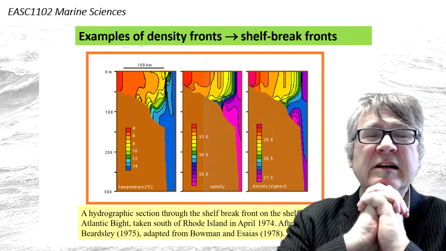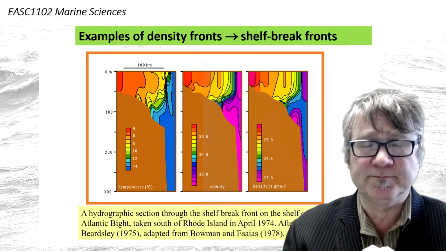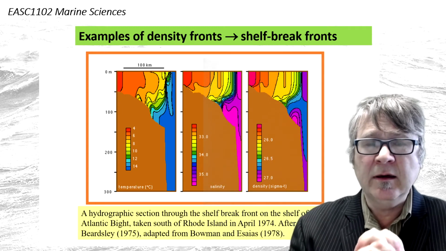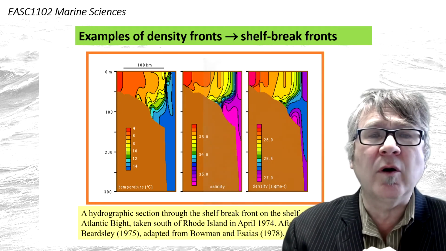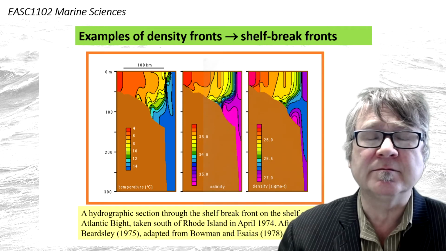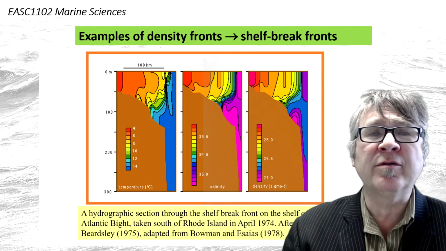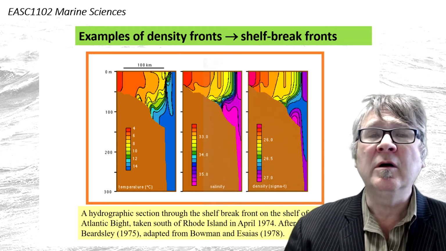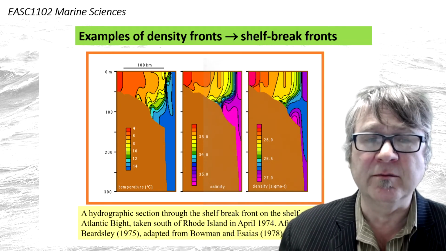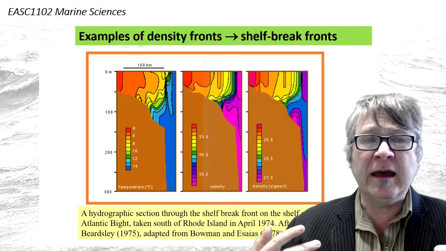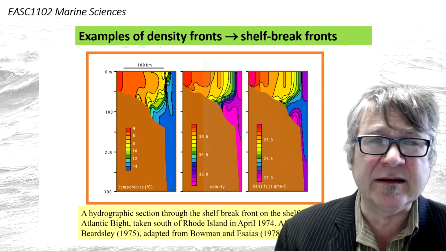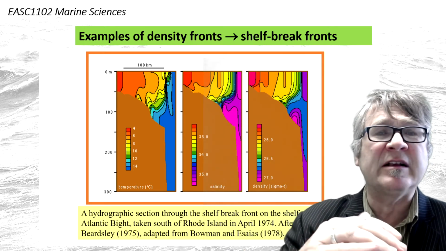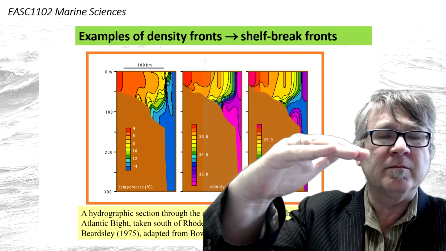Okay, so just a little attempt to explain why. It's all to do with Earth rotation again. And there's something that we call conservation of angular momentum. And what it means is there's something happening if you stretch or squeeze a water column.